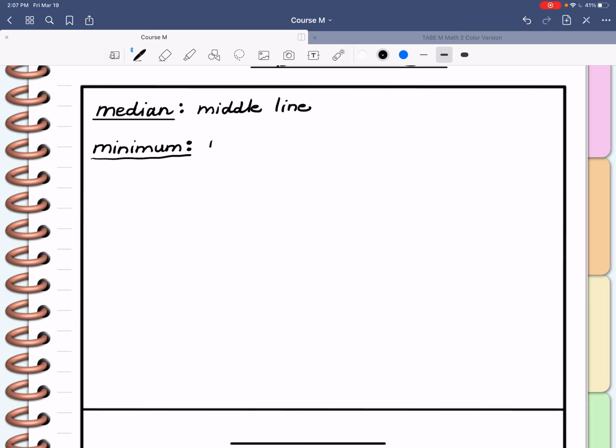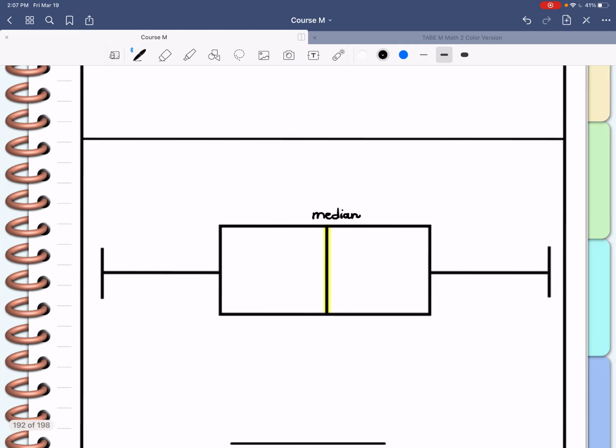Minimum is going to be the least value in your data set. And that is going to go down here. Here is the minimum.